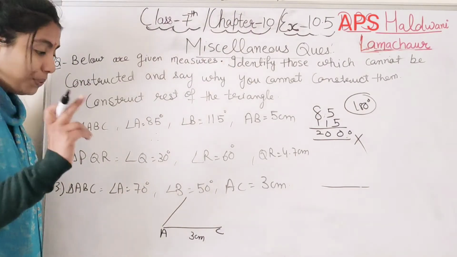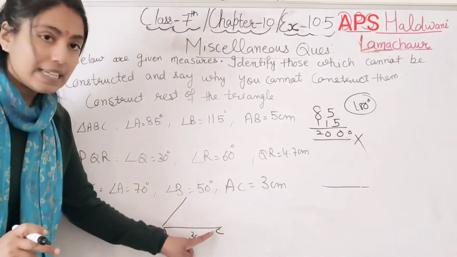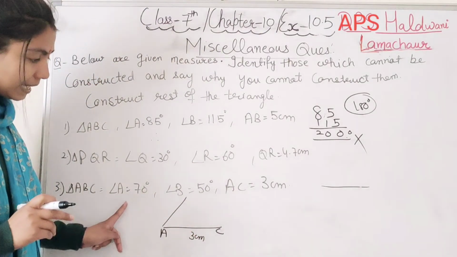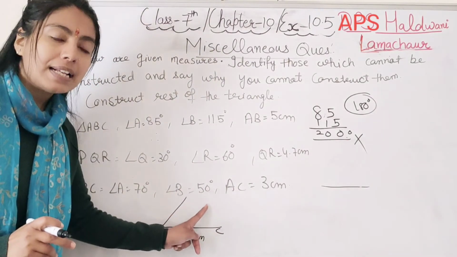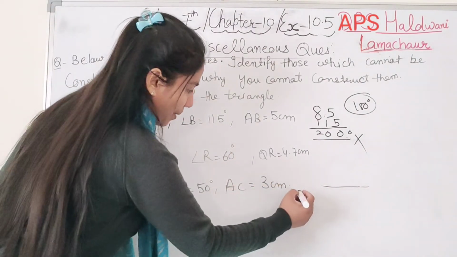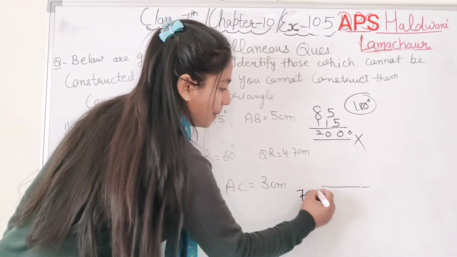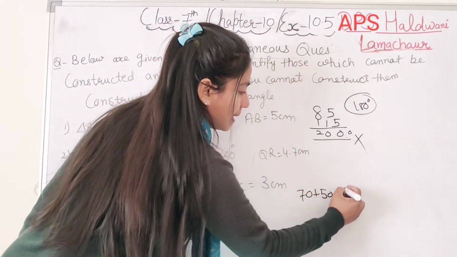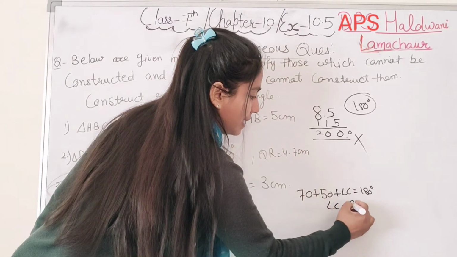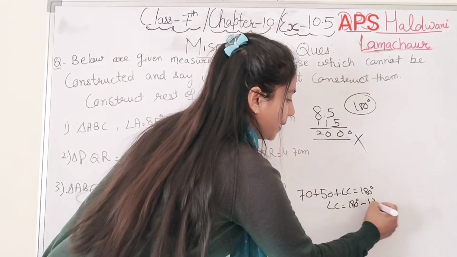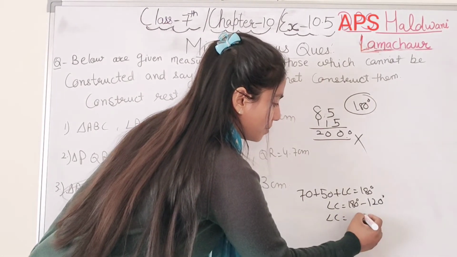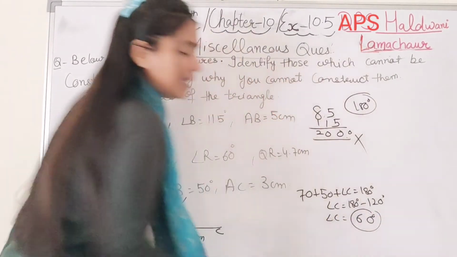But you know, students, how to find angle C with the help of these two angles. Angle A plus angle B plus angle C is equal to 180 degrees. So 70 plus 50 plus angle C is equal to 180 degrees. So angle C will be 180 minus 120, which is 60 degrees.